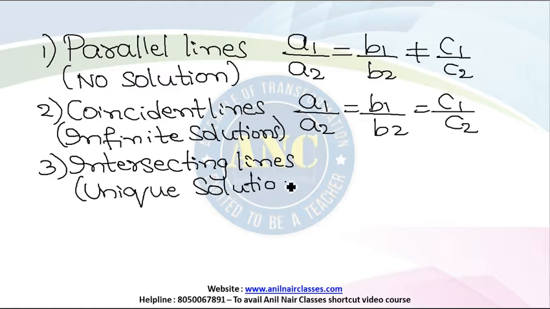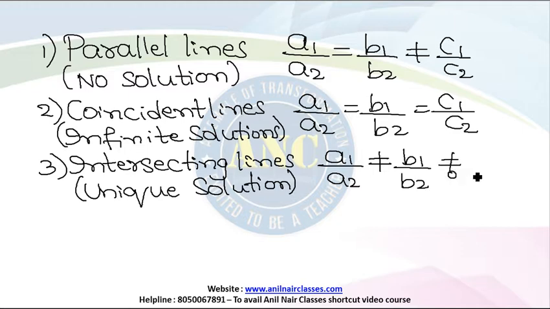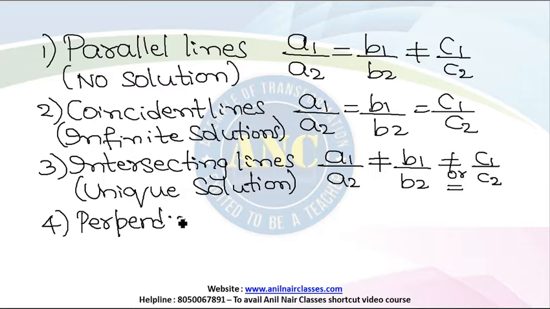For an intersecting line, the coefficients will not be the same at all. They all will be having different coefficients. Very rarely they will be equal to the c1 by c2 ratio. That is the intersecting line. The fourth kind of line we discussed is perpendicular lines.